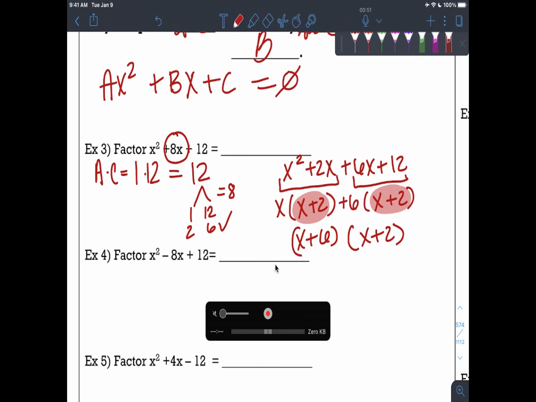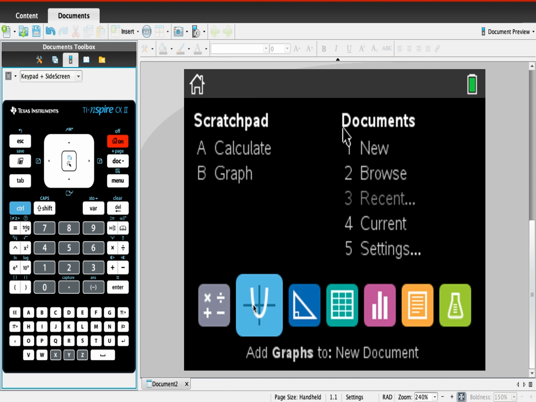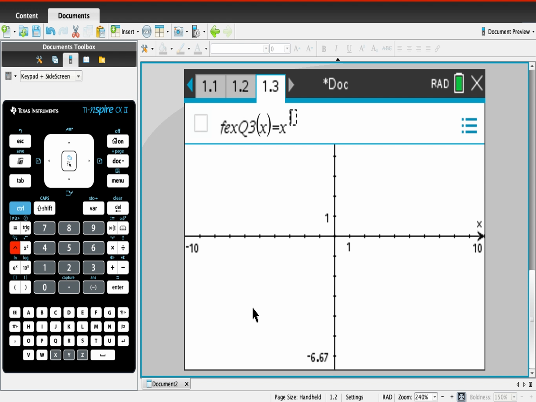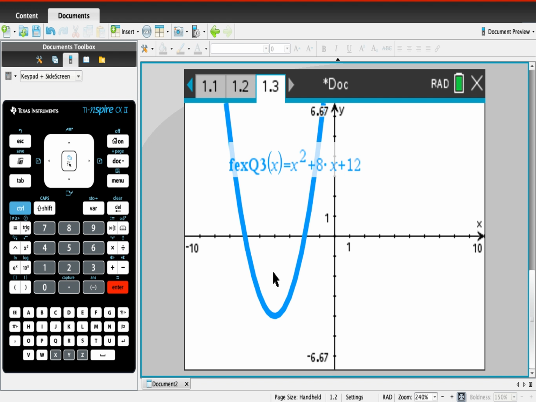Now, I could verify this a number of different ways. However, I want to go ahead and just verify it by graphing them to ensure that I did this correctly. Remembering, I like to name my things just so I can keep track of them better. So let me go ahead and finish typing in this equation. All right, so that's what it should look like.